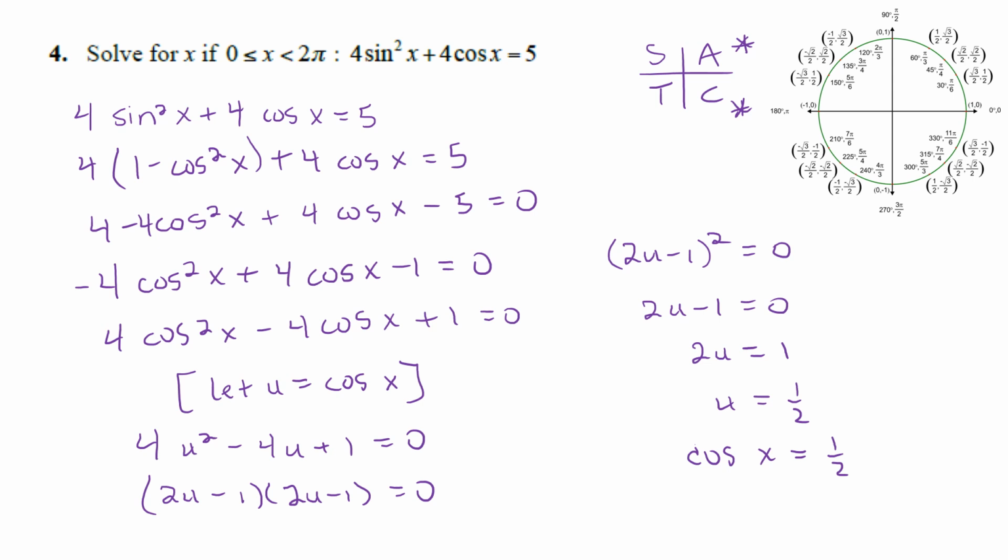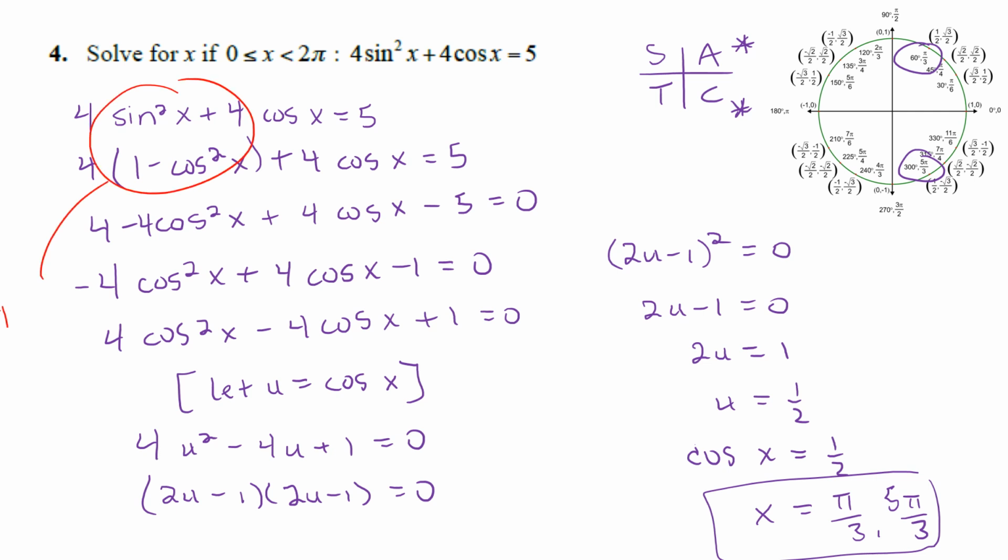So in doing that, we will get pi over 3, and we will get 5 pi over 3 as the two angle measures whose cosine value is 1/2. All right, and so in this problem, we used the Pythagorean identity to solve this problem.